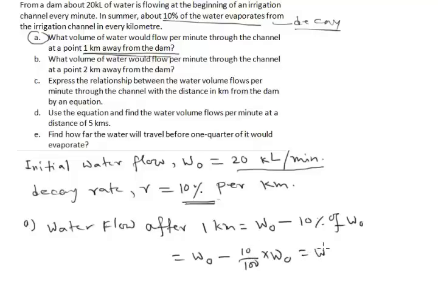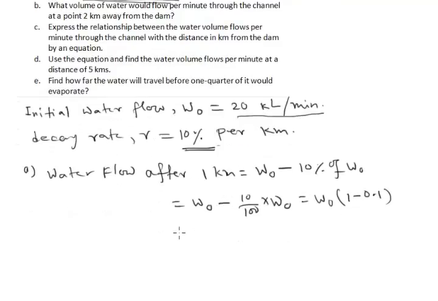If we take W naught common, it will be W naught times 1 minus 0.1, and 1 minus 0.1 means 0.9. So we are getting W naught times 0.9 kiloliter per minute.